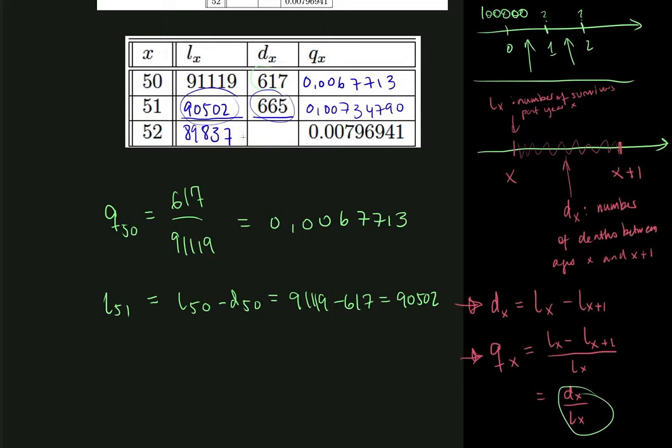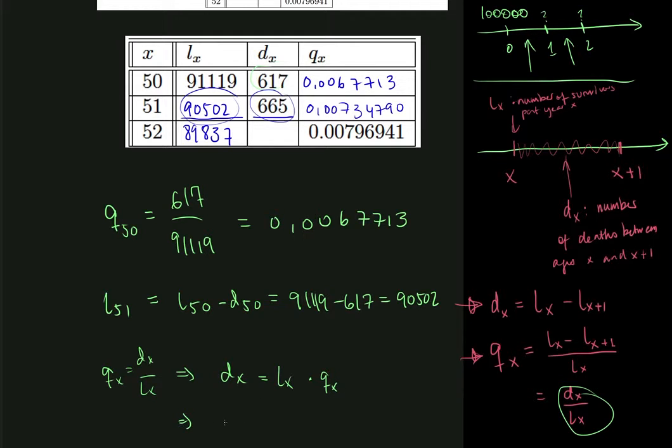And then what do I have in this one? Well, the only thing missing from here is figuring out what D is based on what L and Q is. So what I do now is I look at this formula. I know that Qx is equal to Dx divided by Lx. So that means the number of deaths I can find by taking the number of survivors and multiplying by the ratio of the survivors that die.